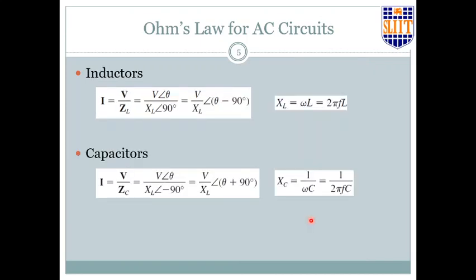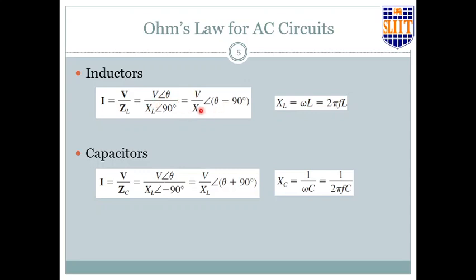Now for inductors, the inductive reactance, last time we discussed, has a phase angle of 90 degrees, so that's plus j. So jXL, if you put it in the complex number domain, it will be V, whatever angle it has, divided by jXL or XL angle 90.